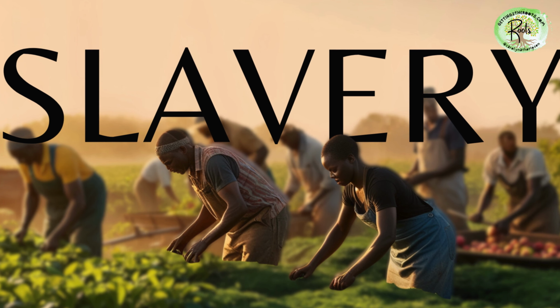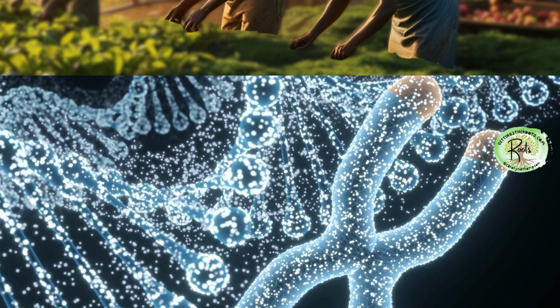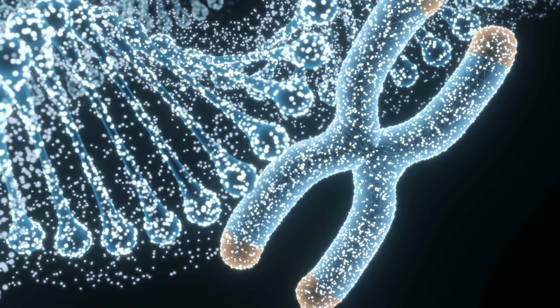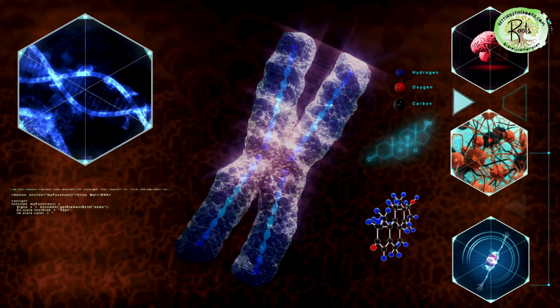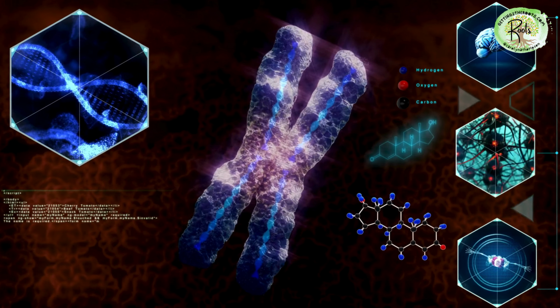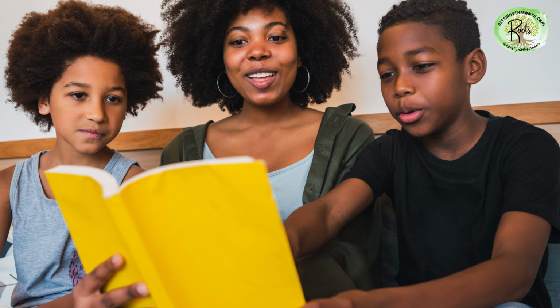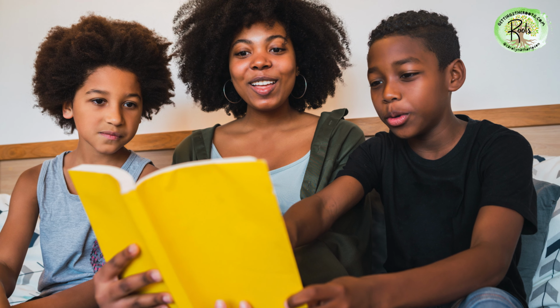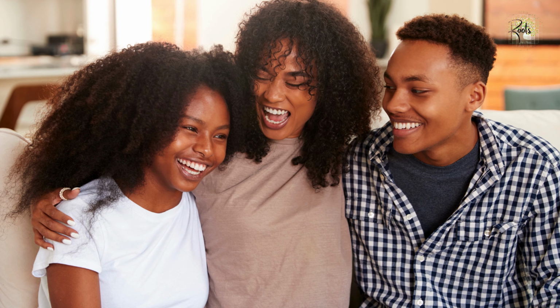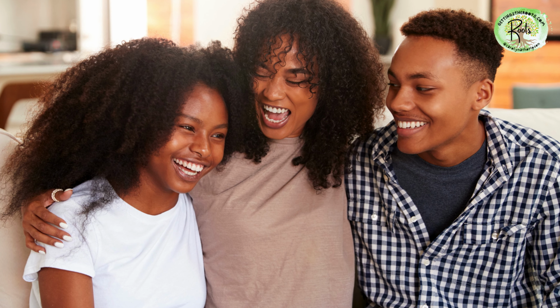Mitochondrial DNA testing, also offered by Family Tree DNA, traces the direct maternal line, following mitochondrial DNA passed from mother to child. Both men and women can take this test, but it only provides information on maternal ancestry.